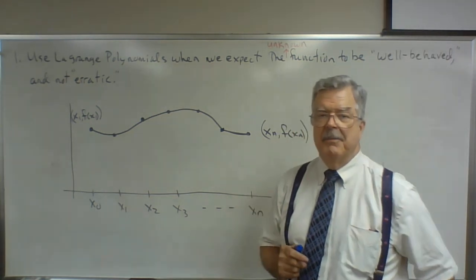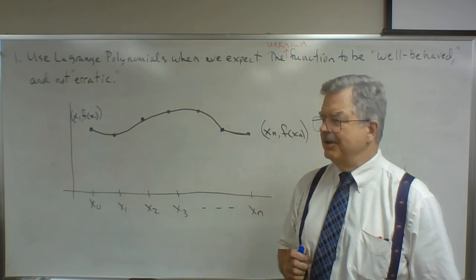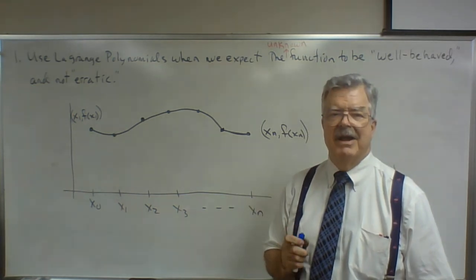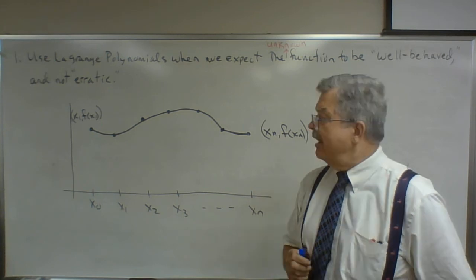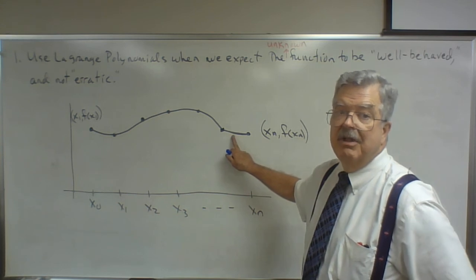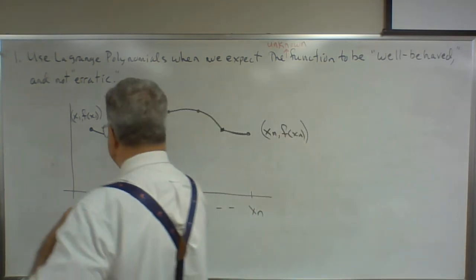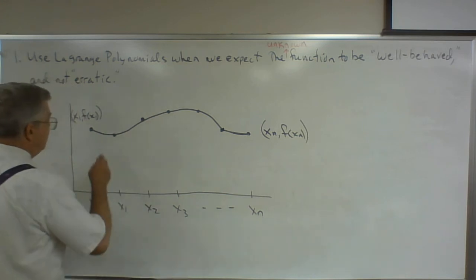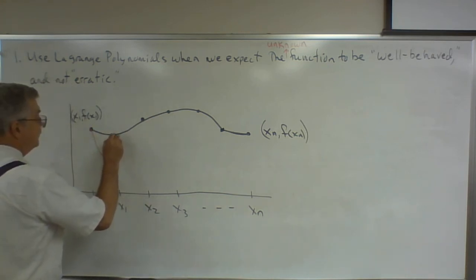Here's the thing, though. A set of data points doesn't necessarily uniquely identify the unknown function. This is what the unknown function could look like, but the unknown function could also look like this.